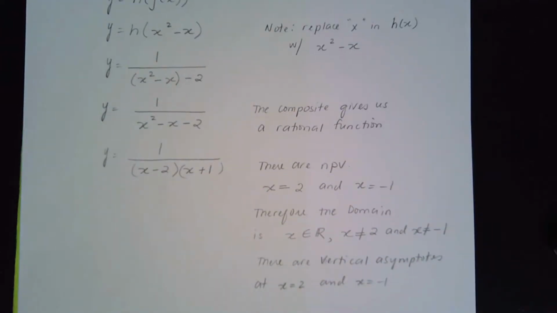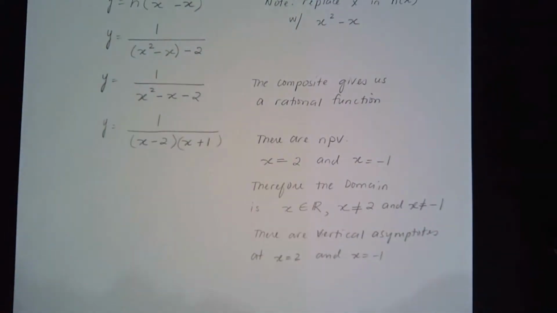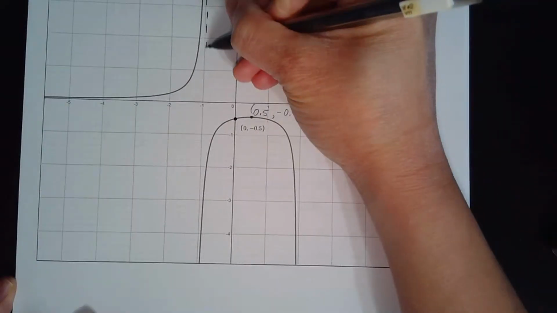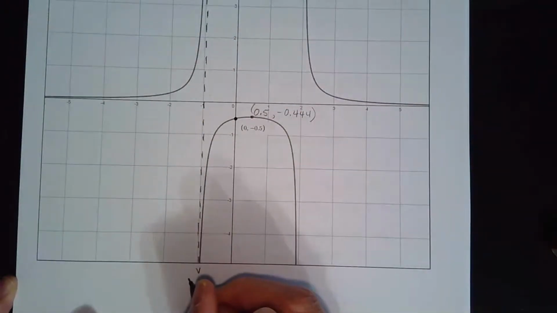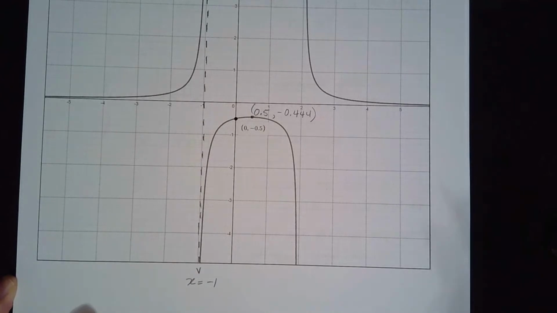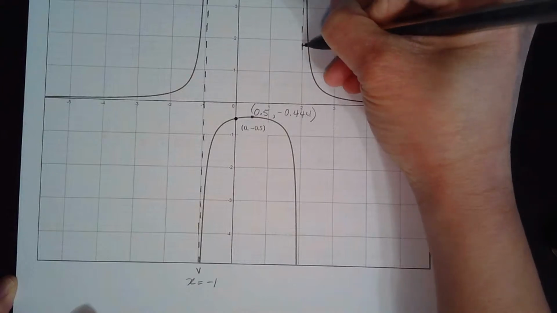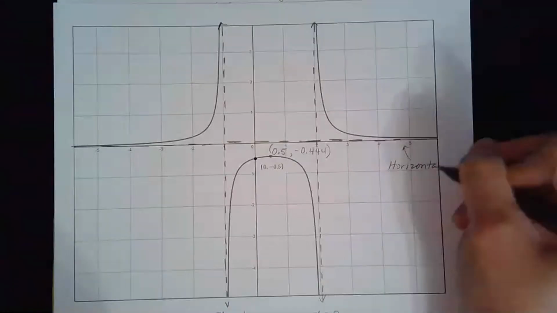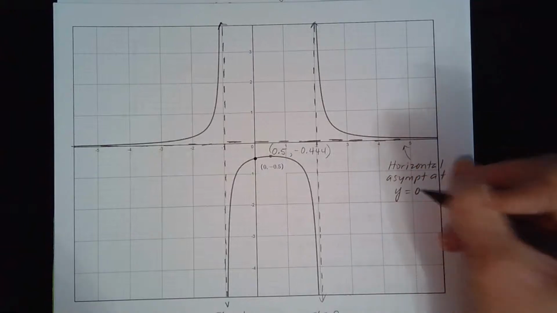Okay, so here's what the graph looks like. We've already graphed this when we talked about rational functions. Okay, so go over here. This is an asymptote at x equals negative 1, and then here's another asymptote at y equals 0.